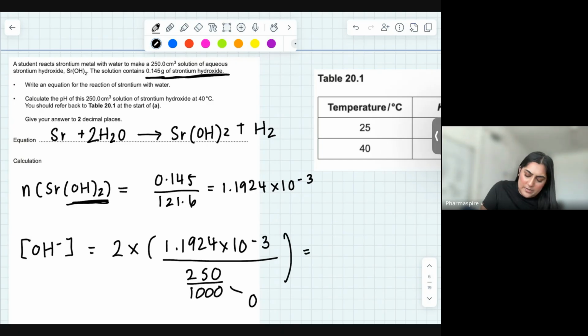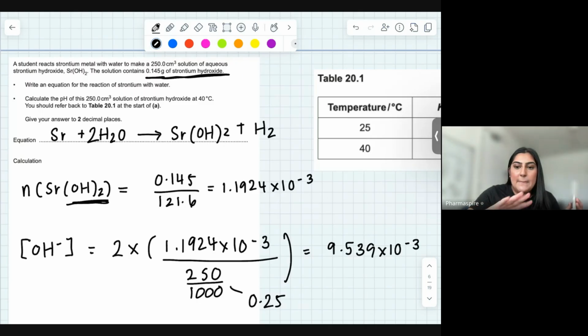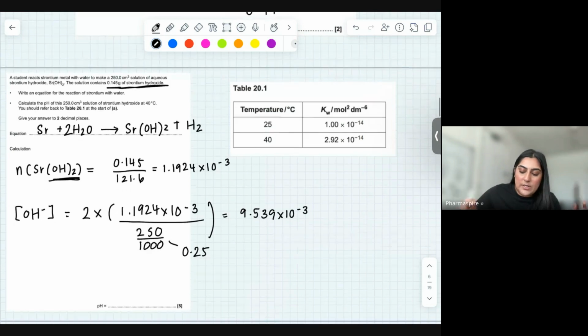I think this should be 0.25 basically. Okay, you get 9.539 times 10 to the power minus 3. Yeah, that's done. They said, look at your table.